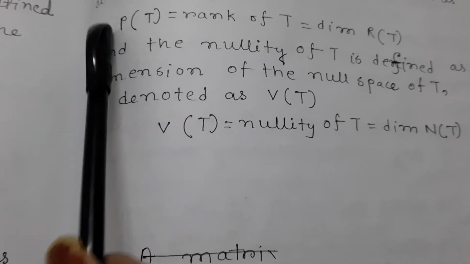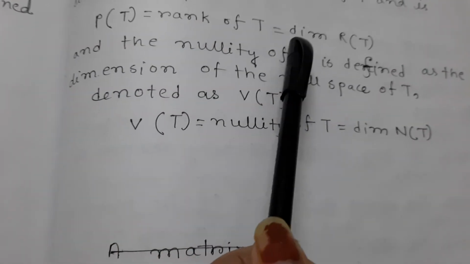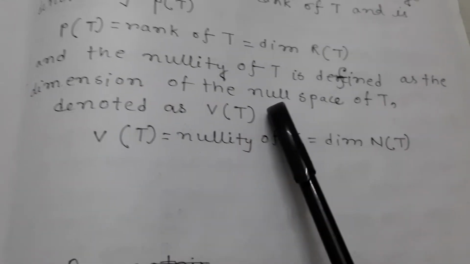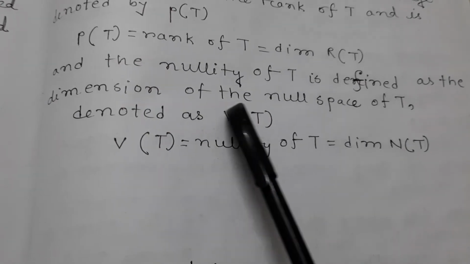Rank of T is denoted by rho of T, and the dimension of R(T) is equal to the rank of T. The nullity of T is defined as the dimension of the null space.